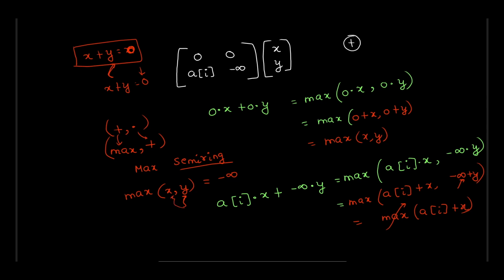So all that aside, you can see that our transitions can now simply be written as, for any ai, you define this capital A as 0, 0, ai and minus infinity. Then when you are doing the transitions, if you have the dp value of the initial state, which is x comma y, all you have to do is multiply these matrices.